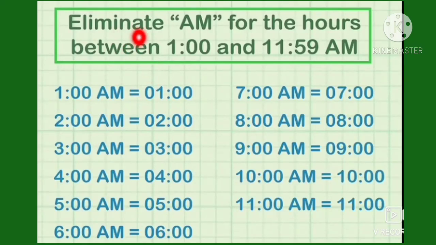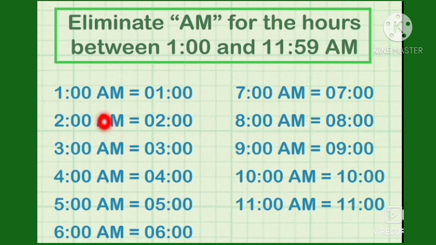Second note: eliminate AM for the hours between 1 and 11:59 AM. Changing the hours between midnight and noon from 12-hour time to 24-hour time is super simple. All you have to do is take away the AM signifier.